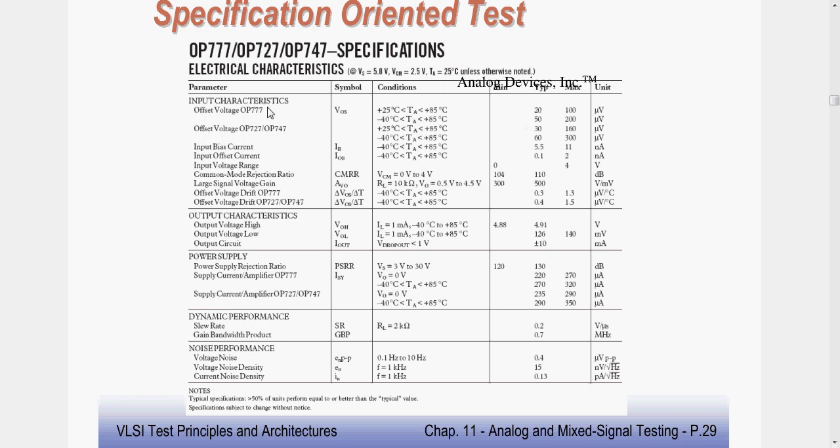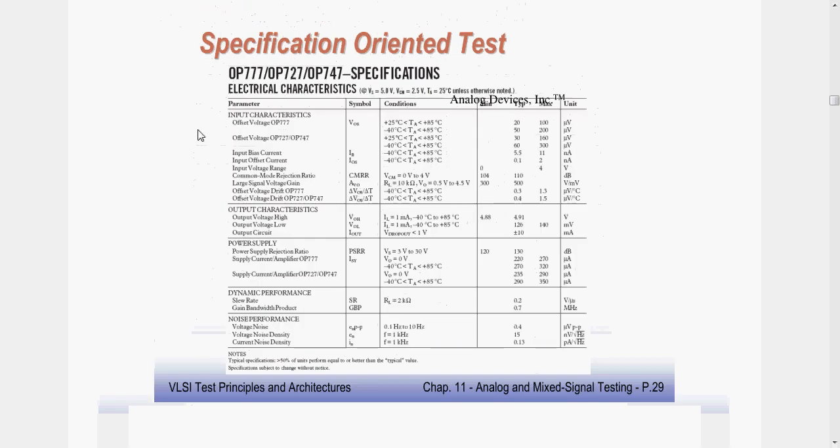For the input characteristics, we have offset voltage, input bias current, input offset current, input voltage range, etc. Similarly, output characteristics: output voltage high, output voltage low, and the power rating, dynamic performance, which has slew rate and gain bandwidth details, along with the noise performance. These are the details that will be given by the manufacturer of any analog device.